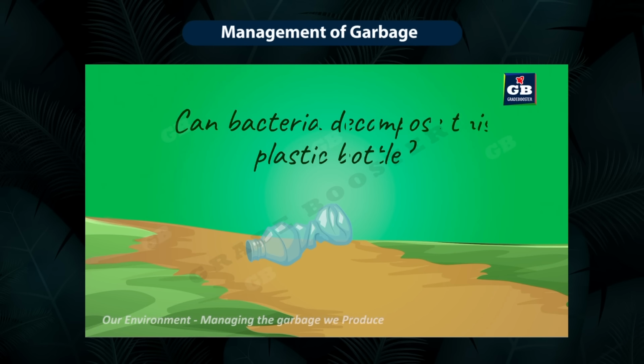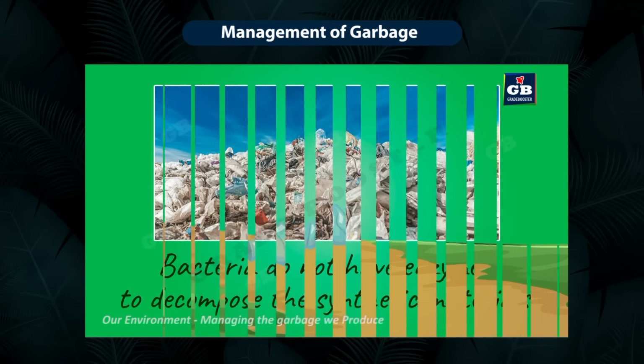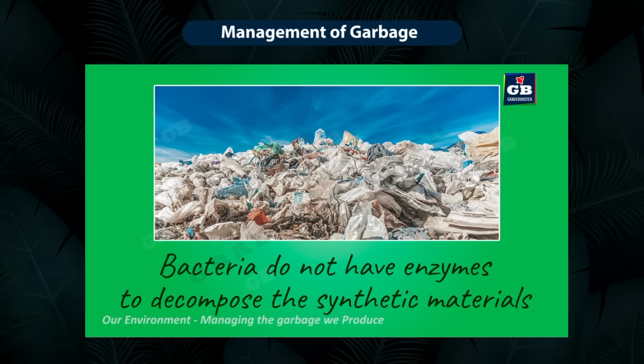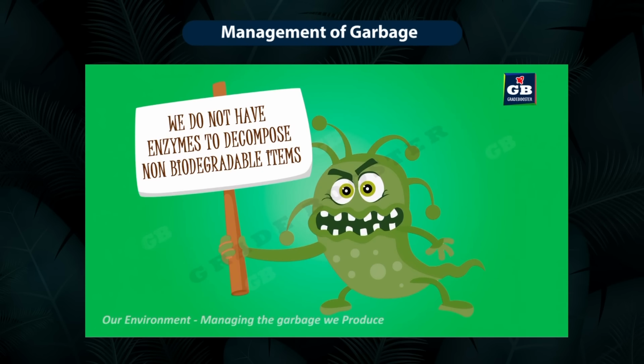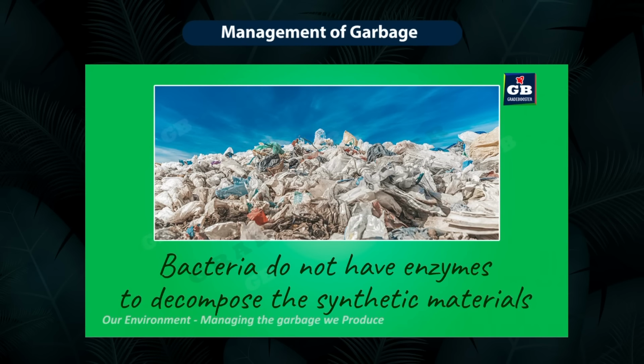But if you throw plastic bottles in the soil, can they be decomposed by bacteria? No, because if an object has to be decomposed, the microorganisms should have the necessary enzymes to decompose it. But microorganisms do not have the enzymes to decompose items like plastic, nylon, etc. So, these kinds of synthetic materials do not get mixed up with soil for a very long period of time.